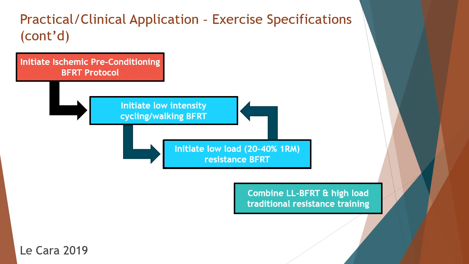So the second phase would be using a combination of the initial low intensity BFR cycling and walking, and or if we're talking about the upper extremity, maybe you're doing your arm bike rather than your lower extremity walking.